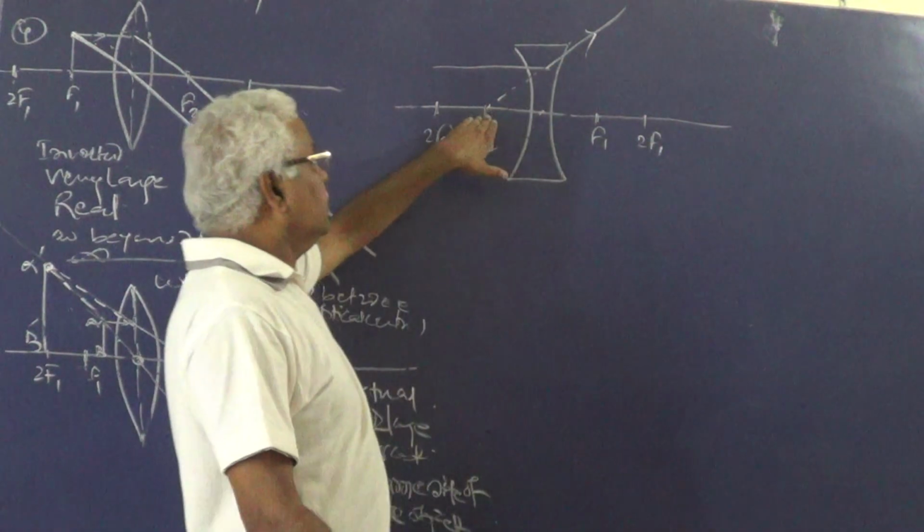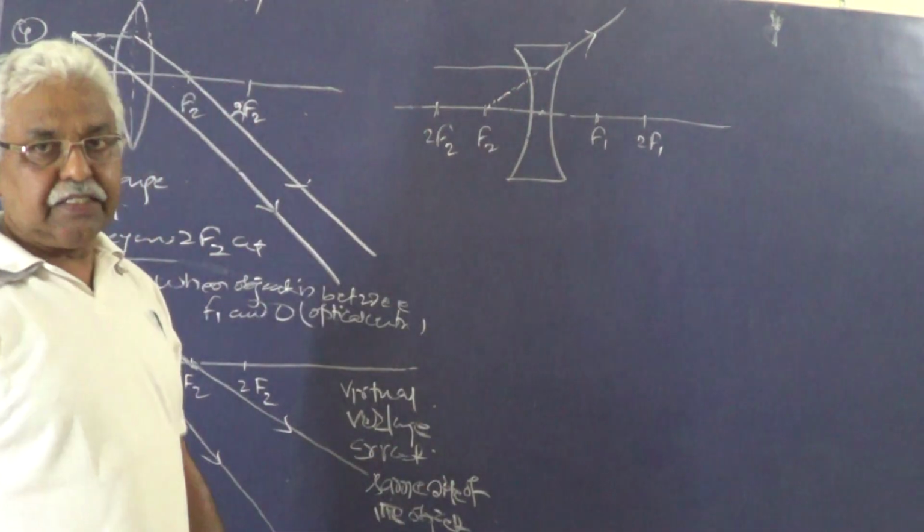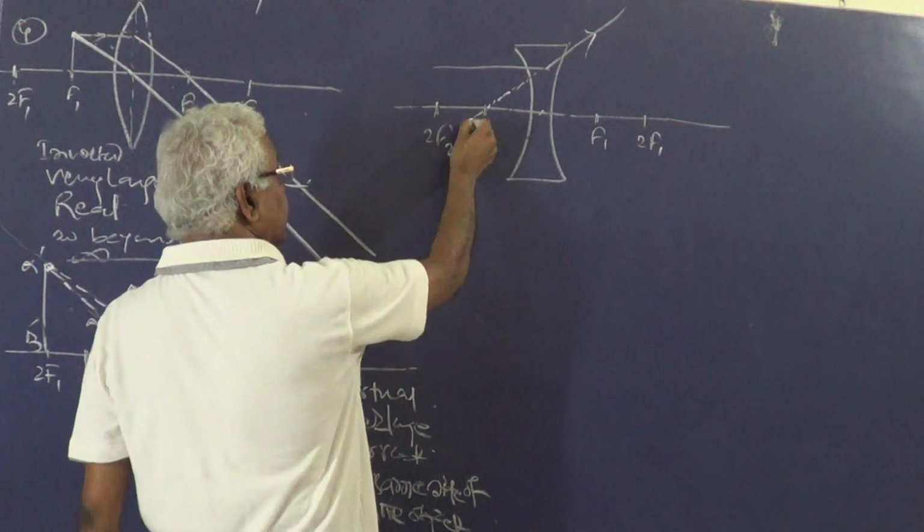When drawn back, it will be like this. Refracted rays will pass like this.